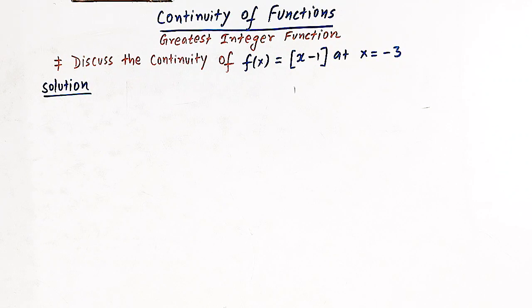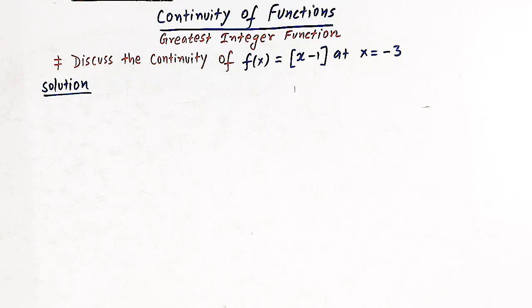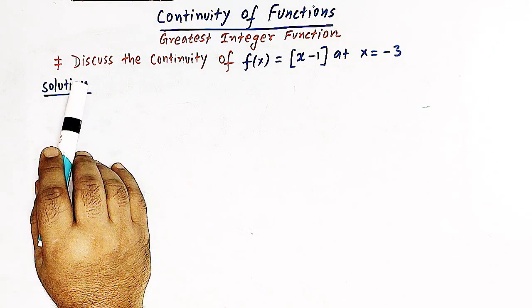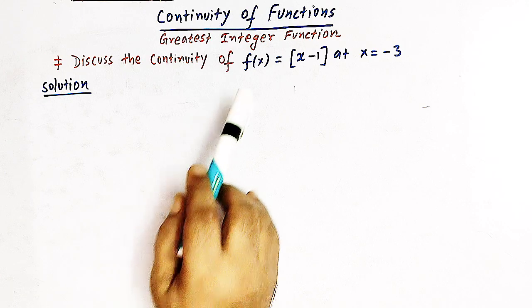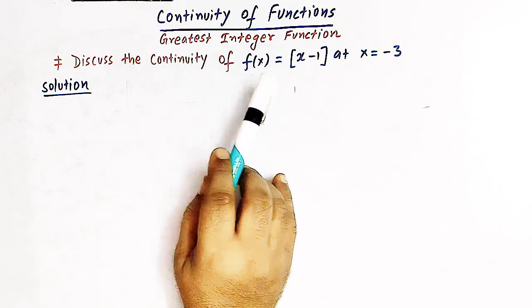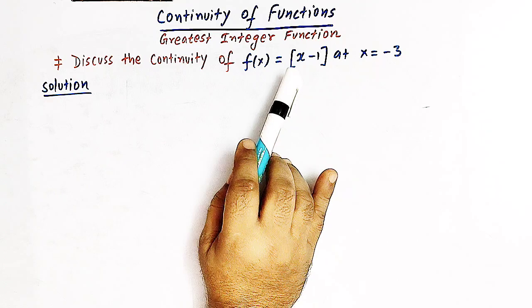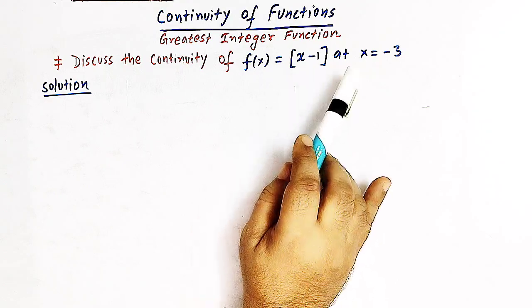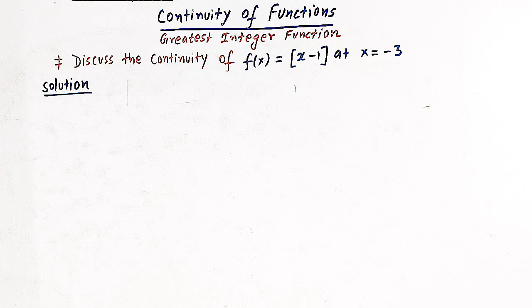Hello viewers, in today's session we are going to discuss another important conceptual problem from continuity of functions related to the greatest integer function. Here we have to discuss the continuity of the function f of x equal to greatest integer of x minus 1 at x equal to minus 3.